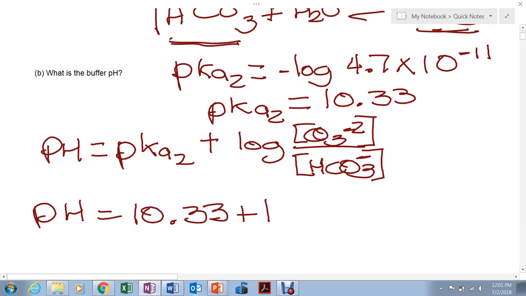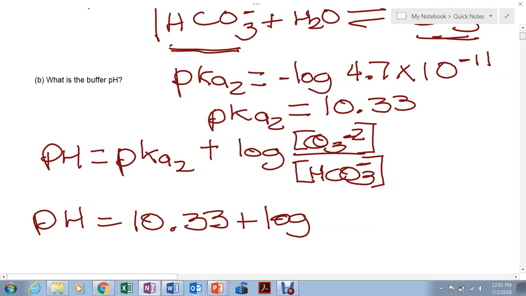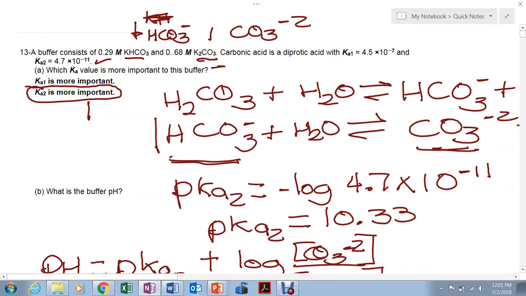I'm just going to write the expression and then the results: 0.68, this is the CO3, the base, divided by 0.29.